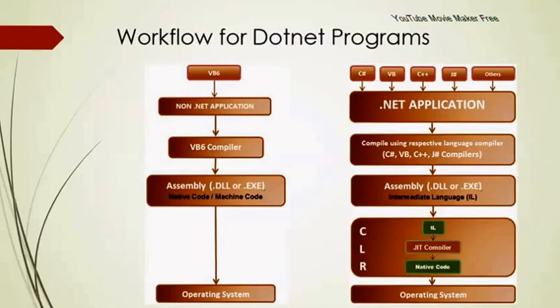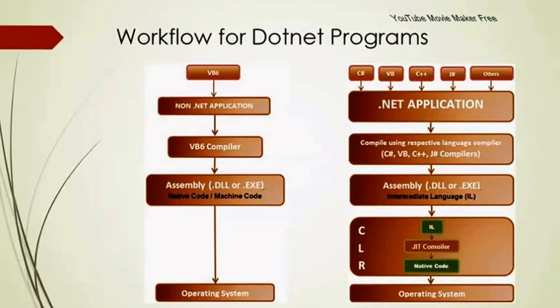So when we execute a VB6 or C++ program, the respective language compiler compiles the respective language source code into the native code, which can then be understood by the underlying operating system and hardware. This process is depicted in the left image.